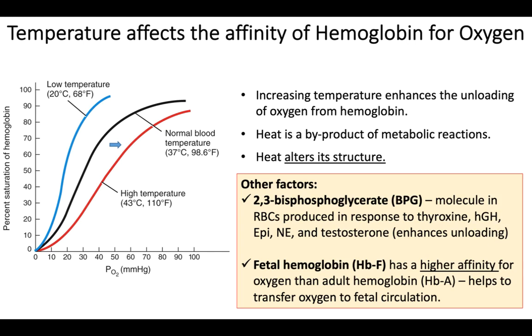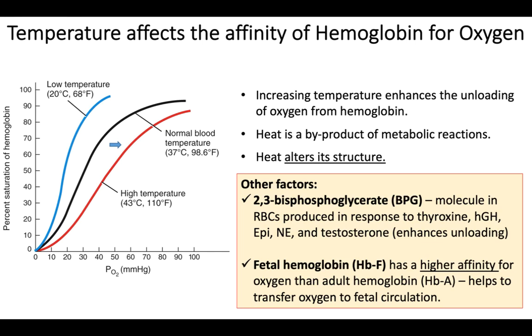So it's almost like you've got two magnets, but one's a little stronger, right? The fetal hemoglobin is a stronger magnet for oxygen. So oxygen, therefore, will diffuse out of the maternal blood and get drawn into the fetal blood. All right?